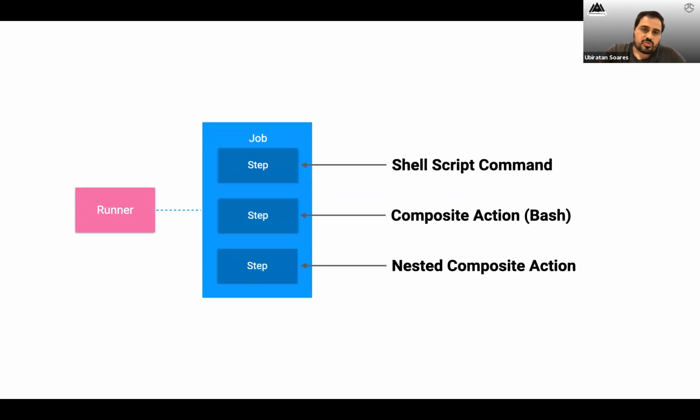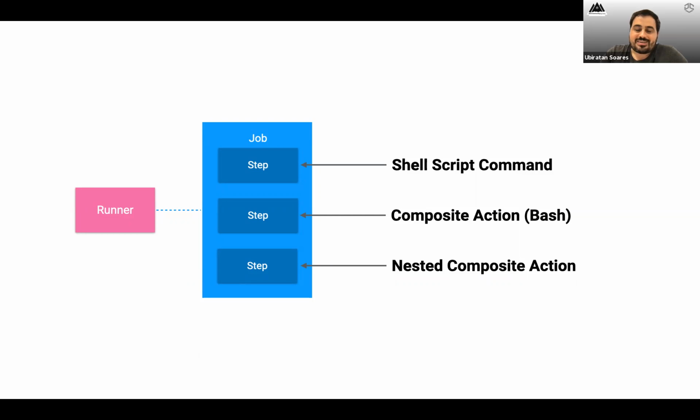In addition to the simple composite actions, we also have the nested composite actions, right? This particular one is a new feature. It's something that landed about one month ago, and so it's not super well documented and so on, but it works. We are using it inside N26, for instance.